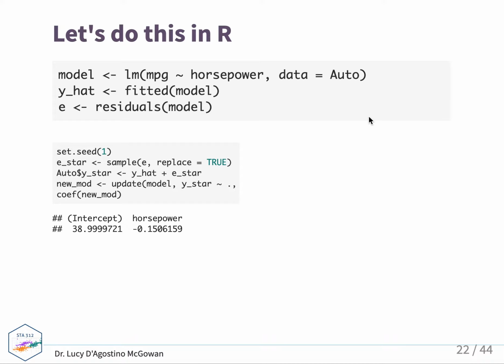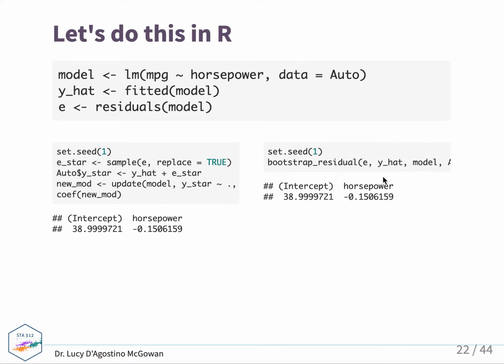If I ran the inside of that function one time, I could set my seed and run that inside, and I end up with an intercept of 38.999 and a slope, or beta 1 coefficient, of negative 0.1506.